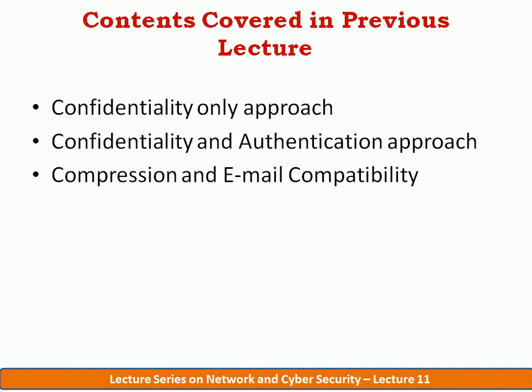We also discussed why we apply the symmetric encryption on the compressed message, and why not before compression. We also discussed the email compatibility provided by the PGP, which is one of the main reasons why PGP is widely used nowadays.